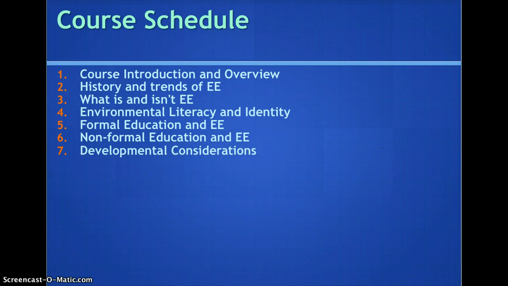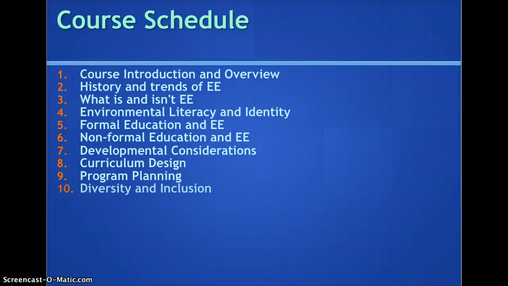looking at those developmental considerations and how people learn, and then applying those things to creating lessons and curriculum. Looking at a broader scope of program planning. How do you make an effective program? How do you address the needs of everybody in the community? So looking at both diversity and making inclusive environmental education programs.